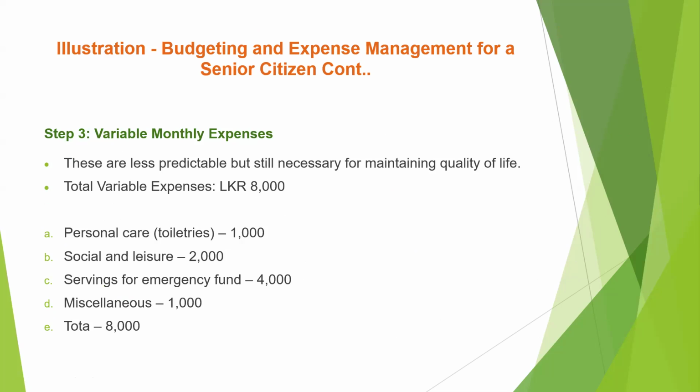It is important for you all to take care of your health. When it comes to senior citizens, the main concern area is their health. That is why I have taken 4,000.